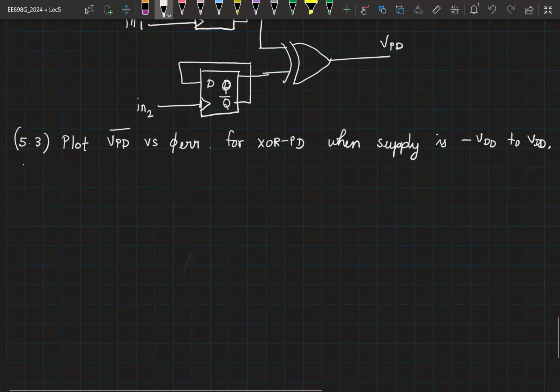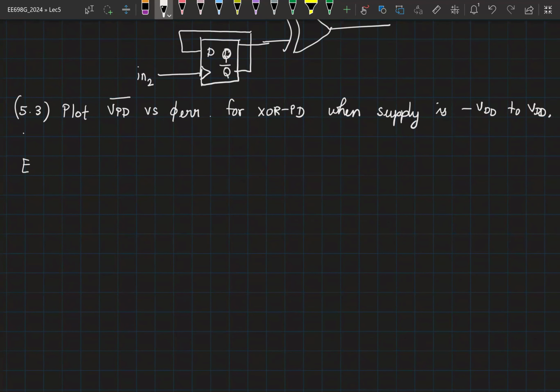Now, one question for you to try out right now. Let us assume that in1 has a pulse width which is T0 by 2. In2 has a pulse width which is lesser than T0 by 2. That is, the duty cycle is smaller than 50%.